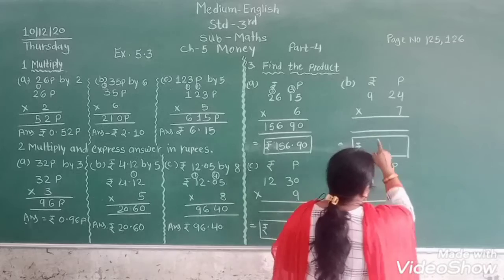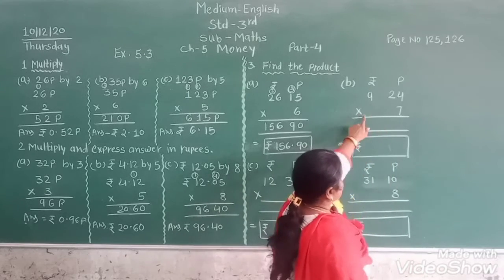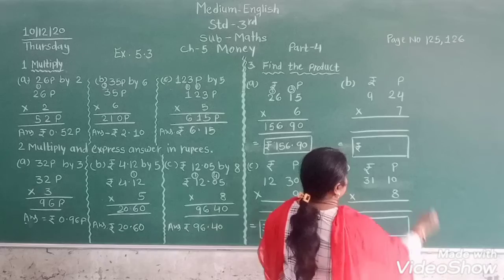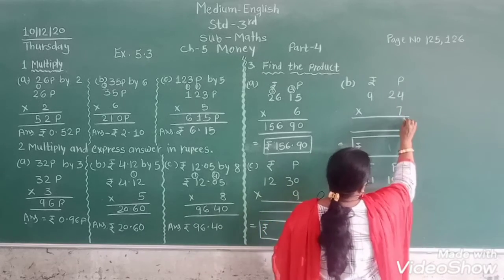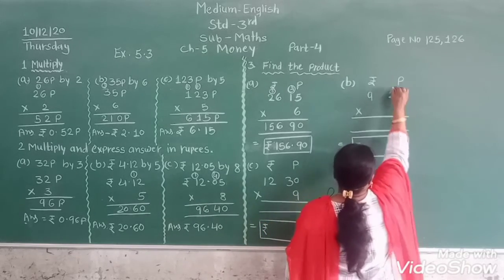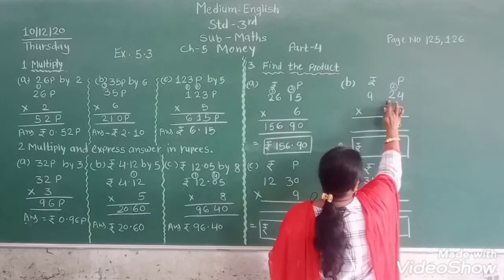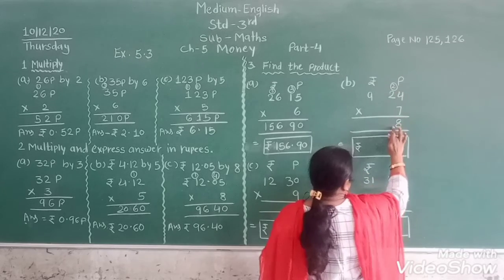Second, 9 rupees 24 paise multiply by 7. 7 4s are 28. 8 write downside, 2 carry over. 7 2s are 14. 14 and 2, 16.